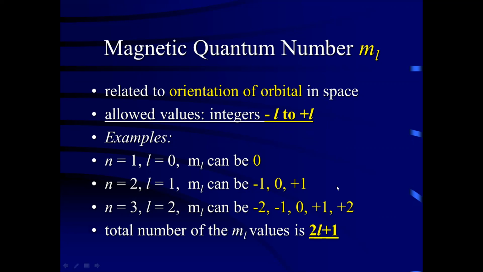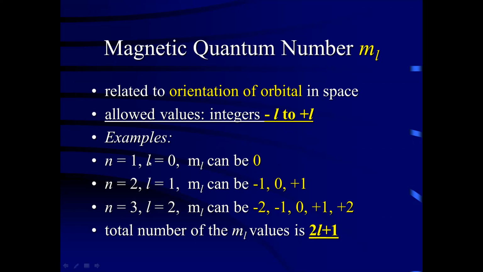From here, you may realize there's a general trend: the total number of m_L values is equal to 2L plus 1.